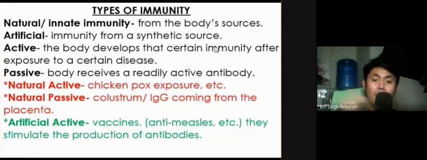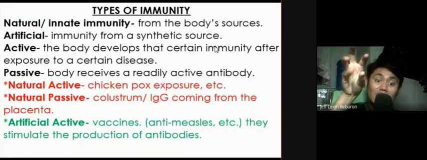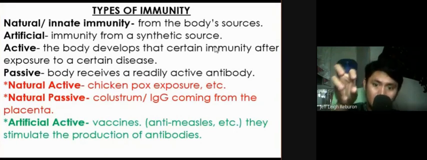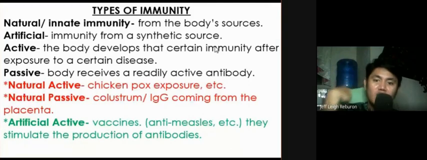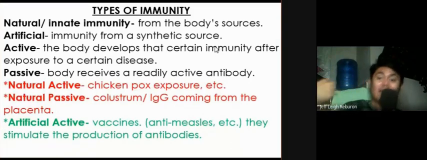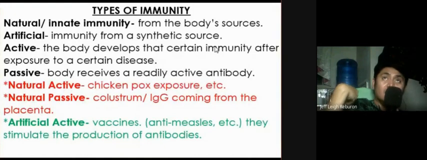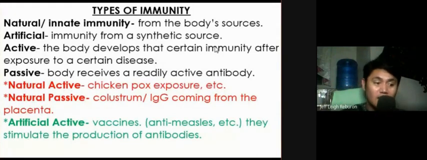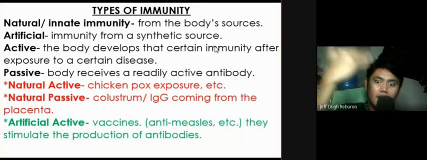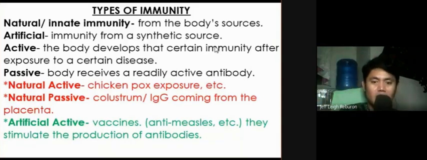Okay? Yes, you may shiver because those antigens that are injected to you via the vaccine are causing you to react to their presence. So yung antigen na ininject sa'yo, ikaw ang magpo-produce ng sarili mong antibody. Pag dumating yung actual na sakit, you already formed that antibody.